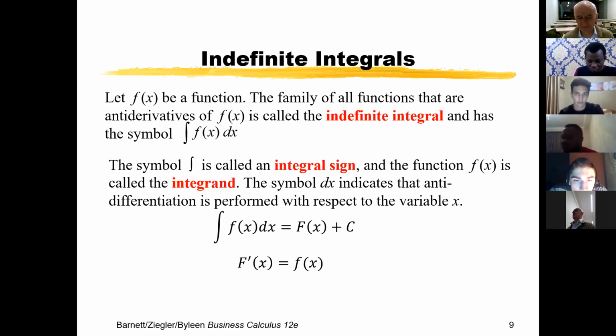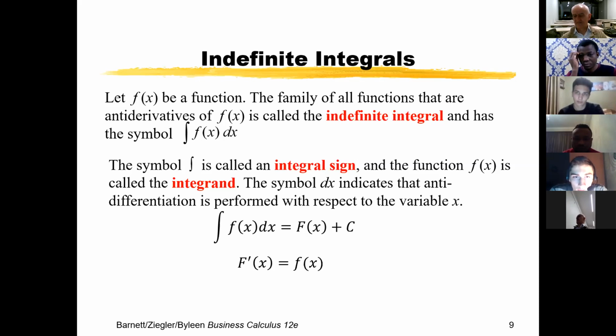Look very carefully. Ask if you have a question. My question is, what is the difference between an antiderivative and an indefinite integral?